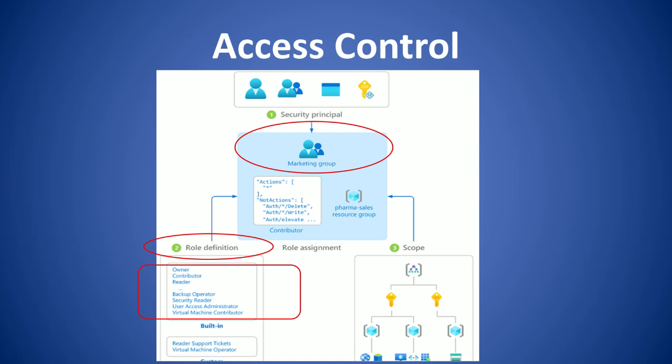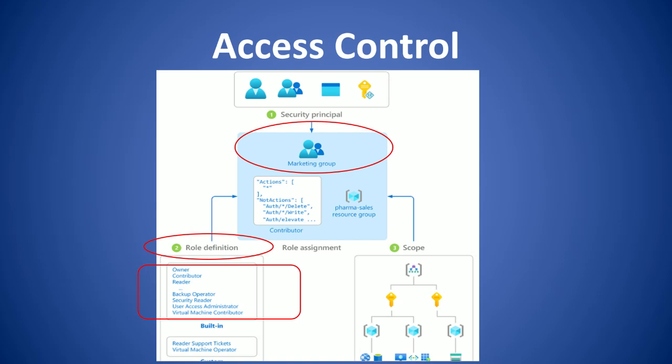So here you can see that the role is applied on the marketing group. The principal here is a group. Then there are various roles like owner, contributor, reader, backup operator, security reader, user access administrator, virtual machine contributor, and there are some built-in roles as well. You can decide which roles you need to apply to the particular principal. And these roles are assigned to the group with the actions that are allowed and not allowed.